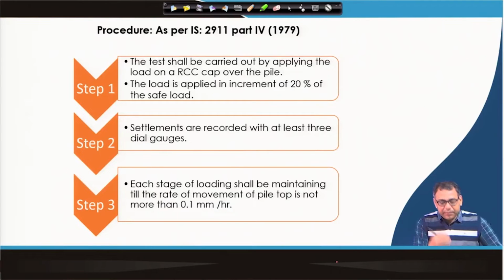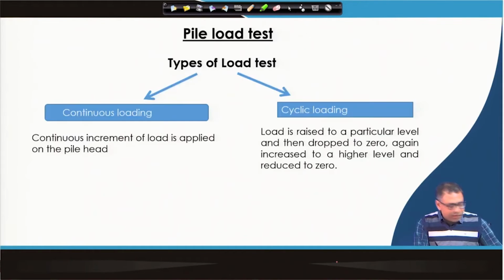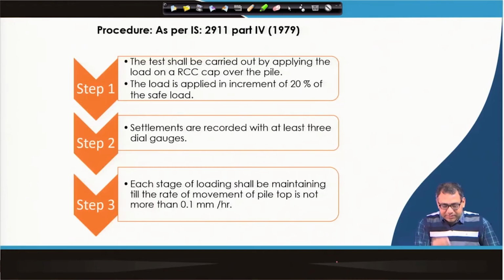The continuous loading pile load test procedure is carried out by applying the load on an RCC pile cap. Load is applied in increments of 20% of the safe load, because first you have to calculate the safe load. The first increment is 20% of the safe load, then 40% of the safe load, then 60, 80, 100, up to 2 times or 1.5 times or up to the specified settlement.